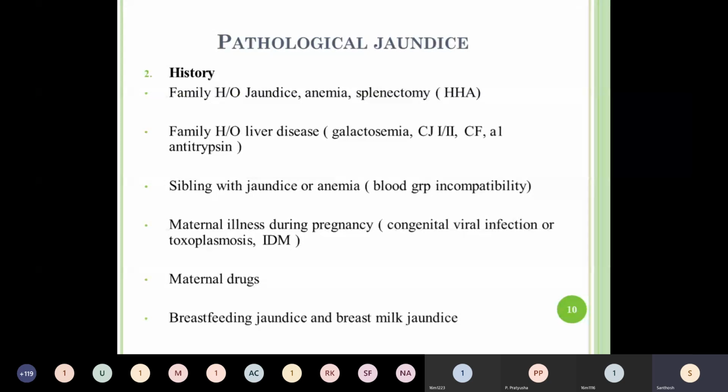This is because of the presence of some substance called pregnanediol or a beta glucuronidase-like enzyme in the breast milk, which converts the conjugated bilirubin into unconjugated bilirubin, which leads again to enterohepatic circulation. So that is the difference between breastfeeding failure jaundice and breast milk jaundice.